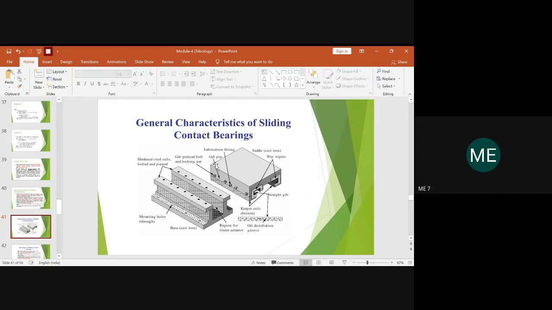You'll have a saddle across the top, and below it you will have the wipers. These wipers will help in getting compactness and grip over the steel rails, so that it can slide one above the other smoothly, right? When it moves smoothly, you should have a layer of lubricant in order to reduce the amount of friction.